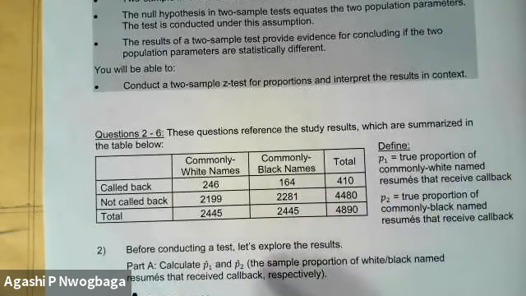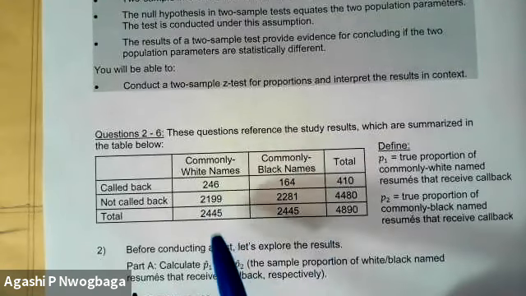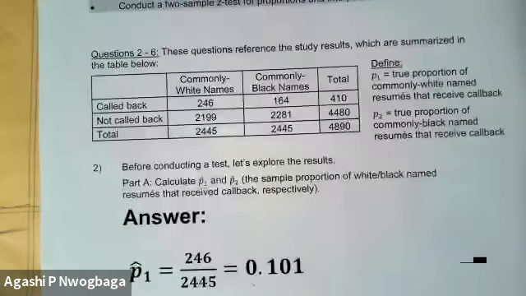Part A, let's calculate the sample proportion p1 hat and the sample proportion p2 hat. The sample proportion of the white and black named resumes that received callback respectively. How do we get the sample proportion? We take the number that called back divided by the total number, 2445.